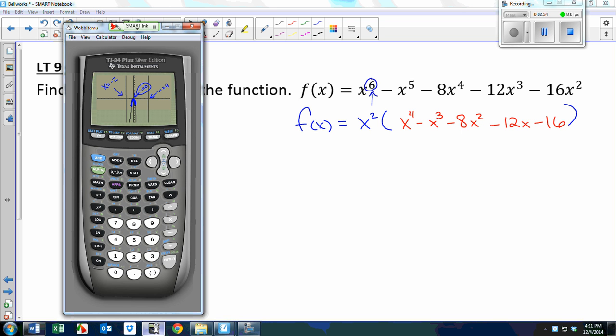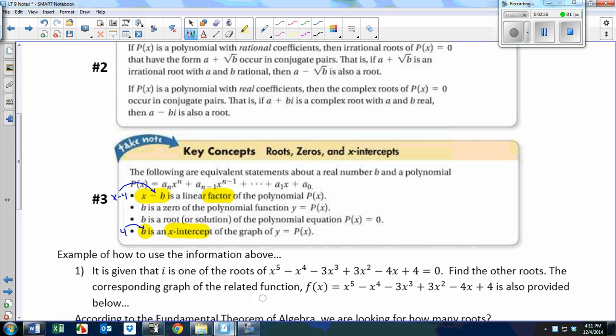I want to remind you of a key concept that we looked at in the first notes. If x equals 4 is an x-intercept, that is the b in this formula. If 4 is an x-intercept, then x minus 4, or x minus b, is a factor.